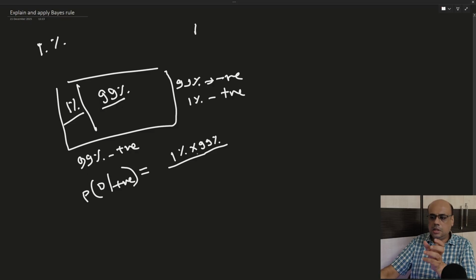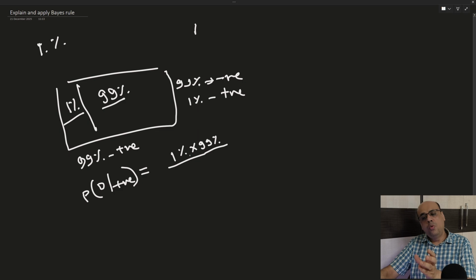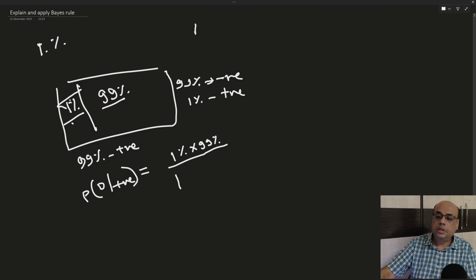This is the proportion of people who have the disease and which also gives you the positive result. This is the numerator. And what about the sample space? So this entire portion is this 99% into 1%, right? Entire this portion.